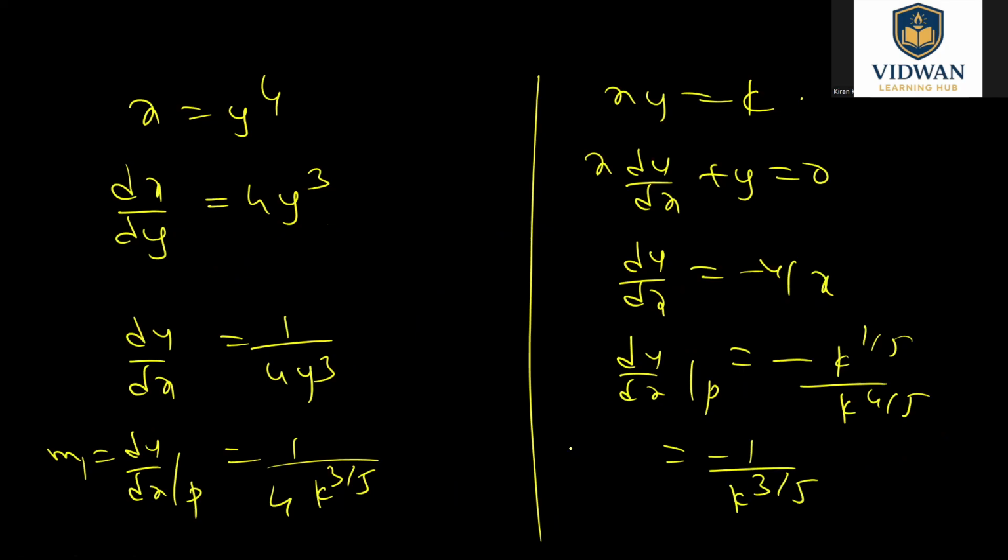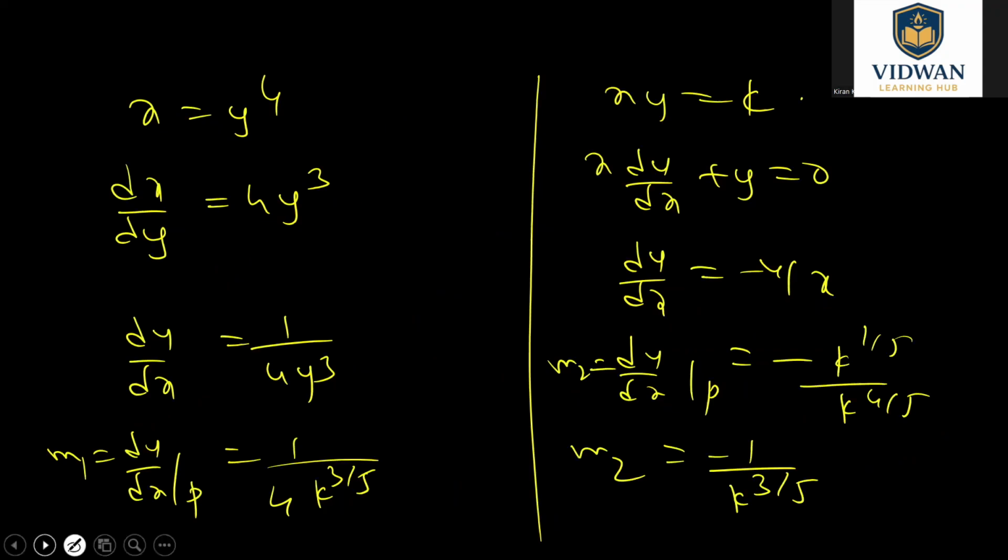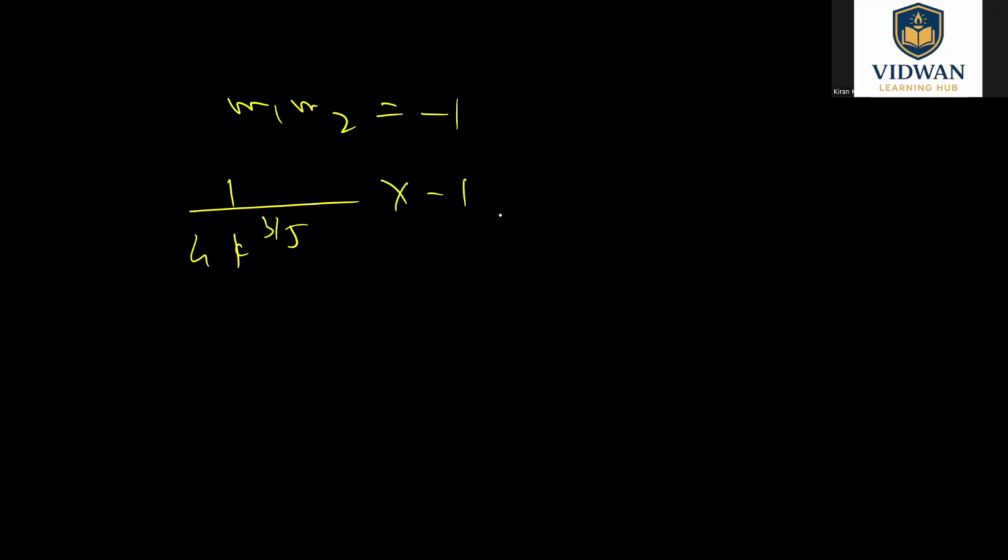And the product of these slopes should be -1. So you can write m1 m2 is -1. So 1 by 4 into k power 3 by 5 in the first one is the m1 slope. Second one, -1 by k power 3 by 5. This is equal to -1. Both sides you can cancel minus, and this will be 4 into k power 6 by 5 equal to 1.